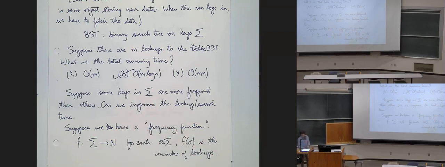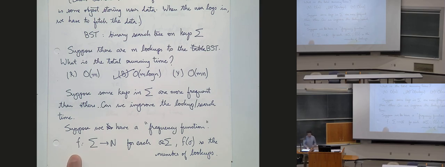Again, just to take this example of users of a website, some users will log in more frequently than others. And you already know that beforehand using, let's say, historical data. So you look over the frequencies, you can see which users log in more frequently. And so you would like to have a search tree that would be faster for those users. To make it concrete, suppose there is a frequency function.